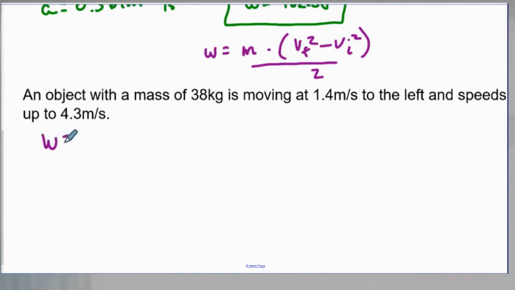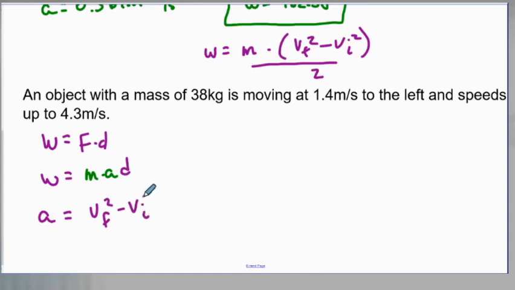I know that work is the force times the distance, and I know that the force is the mass times the acceleration. And then I figured out that the acceleration was Vf squared minus Vi squared over 2d.